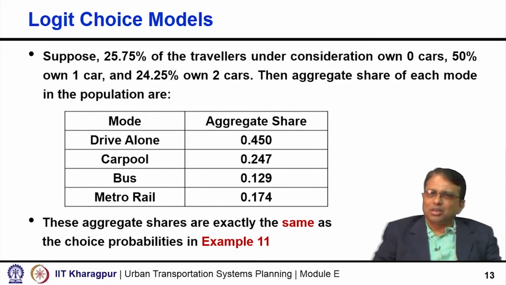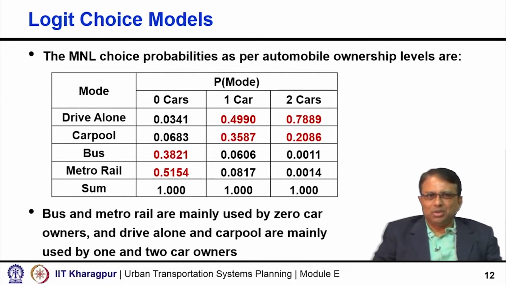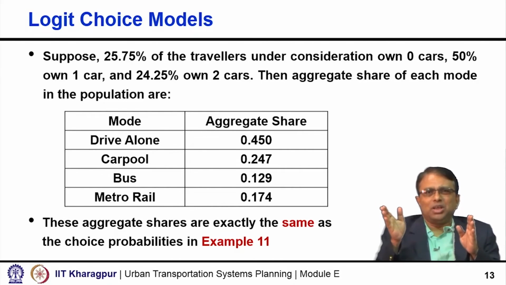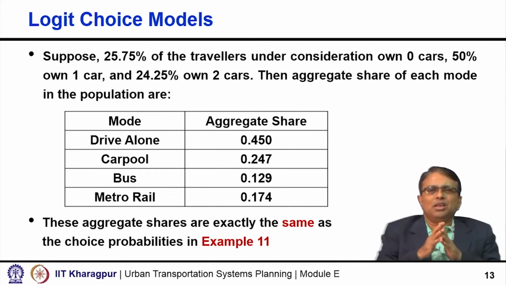So, now you know the probabilities of using drive alone, carpool, bus and metro by 0 car users, 1 car owners and 2 car owners. So, distributions are also known. So, altogether you get the aggregate share considering all 3 segments together. Overall aggregate distribution, how does it look? It looks like this: drive alone 0.45, carpool 0.247, bus 0.129, metro 0.174.